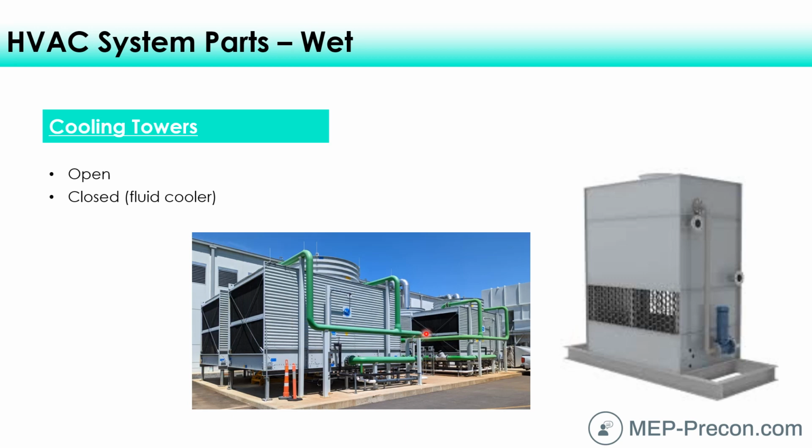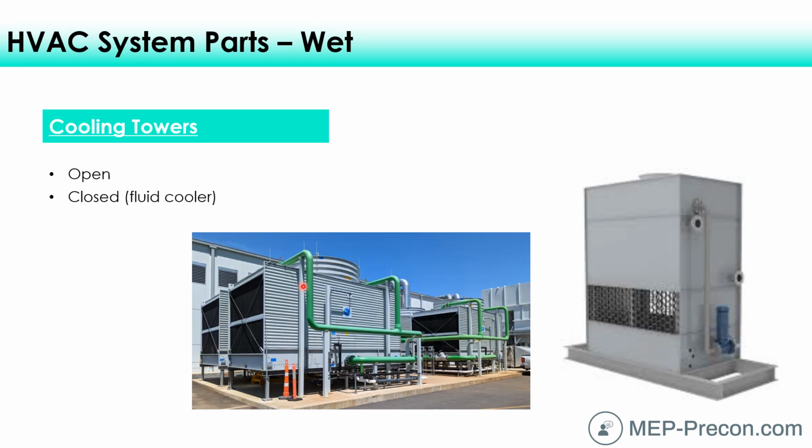So that condenser water, the heat from the building essentially, is going to get distributed inside of this cooling tower. And what a cooling tower is, it's a means of spreading out water over a lot of surface area for evaporation. Because what happens in evaporation is you remove heat.